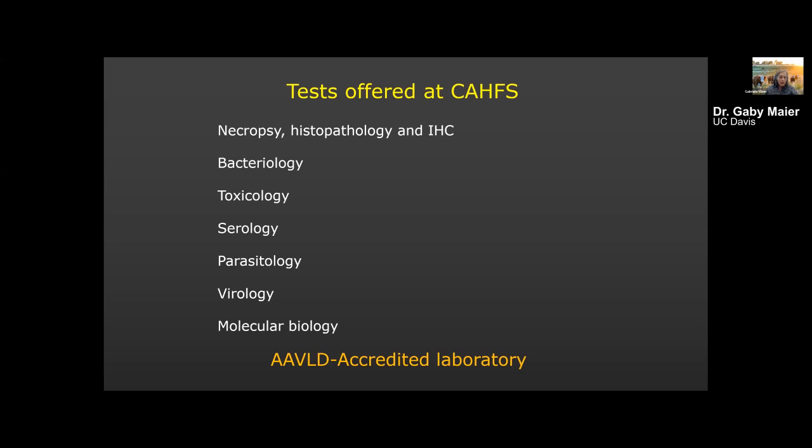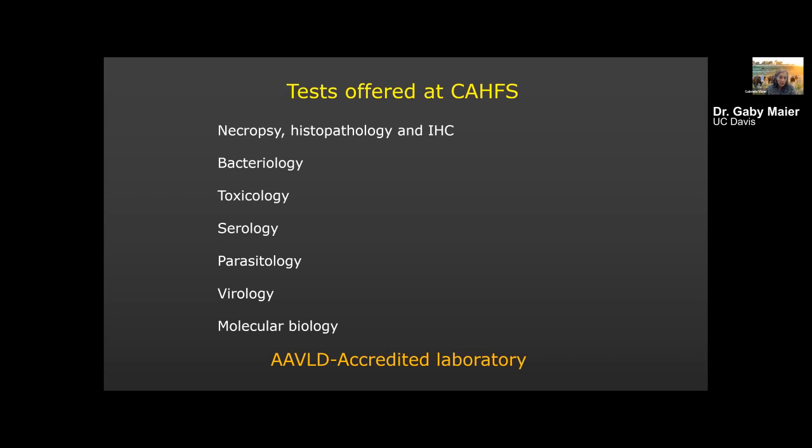Again, this is just a list of all the things that can be done at the CAHFS lab. So necropsy is when the whole carcass is being examined, and then that has to follow up with histopathology. So every organ is then examined under the microscope, and IHC is immunohistochemistry. That's when those tissues are stained to look for specific pathogens.